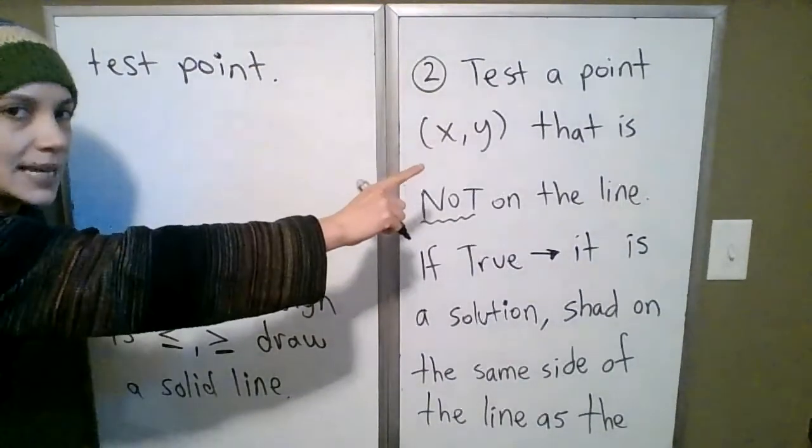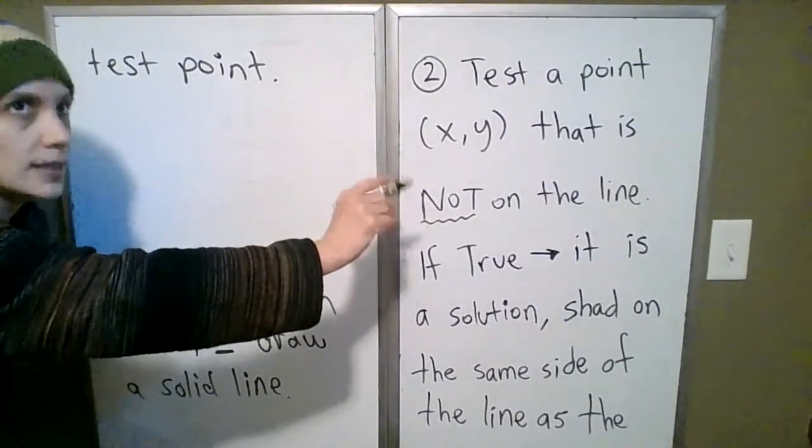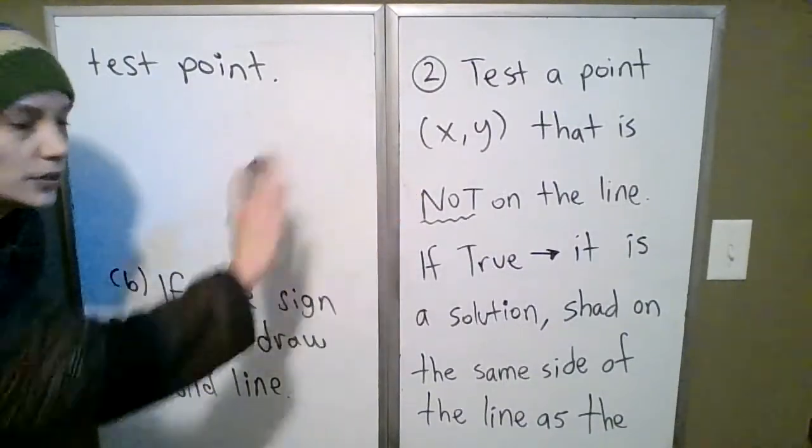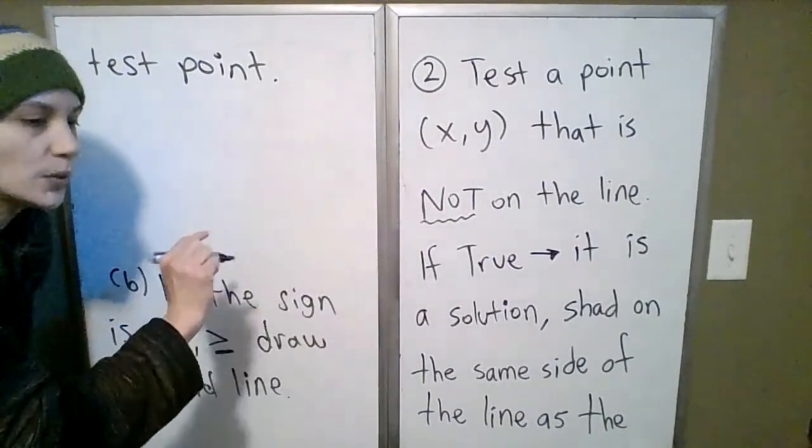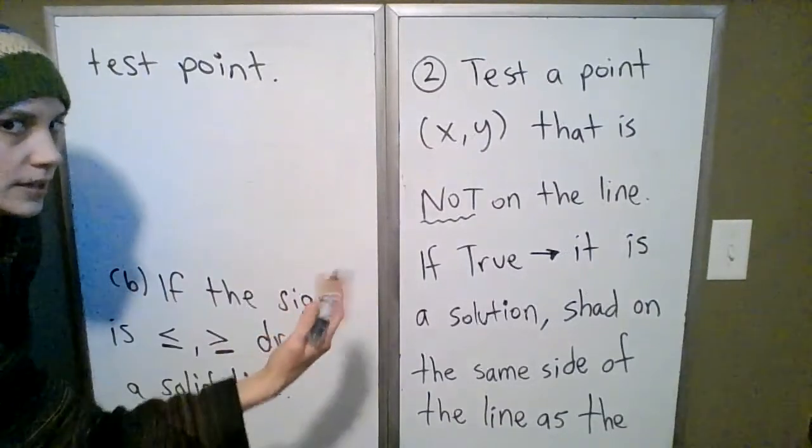If you put in your point and you have a false statement, it's not a solution. And you don't want to shade over that point. You want to go on the other side of the line and shade on that side.